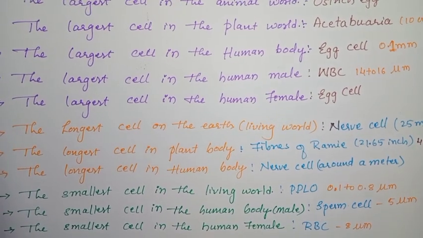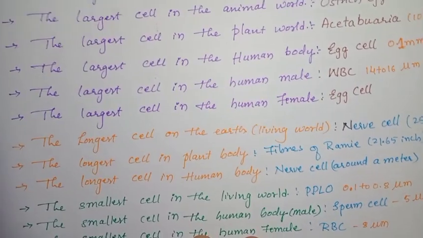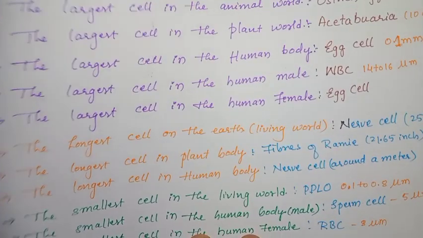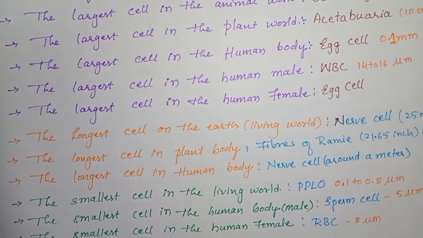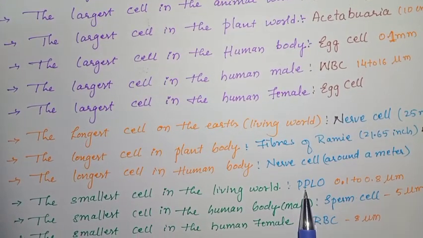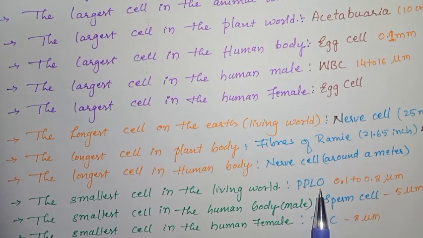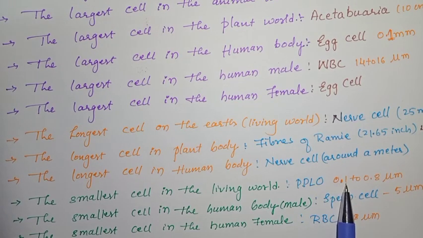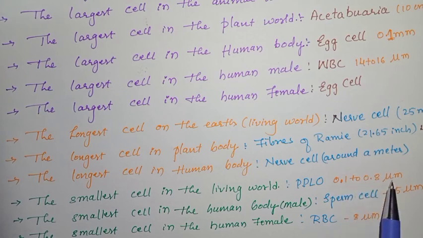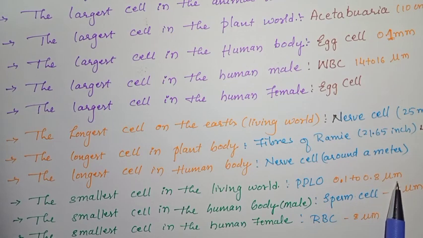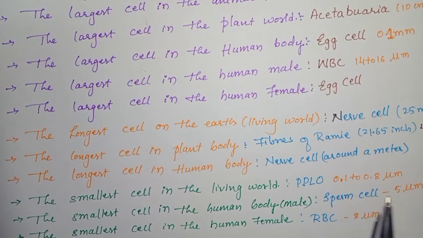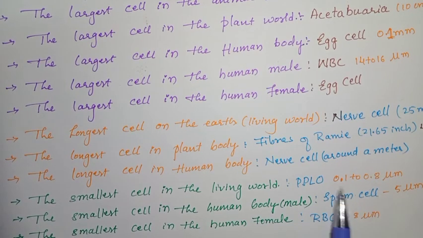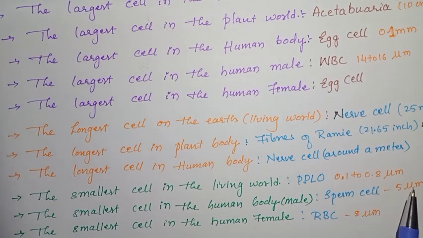Now let us go with the smallest cell in the living world. The smallest cell in the living world is PPLO, Pleuropneumonia-like organism, also known as mycoplasma. The size varies between 0.1 to 0.8 micrometer, which is very small.